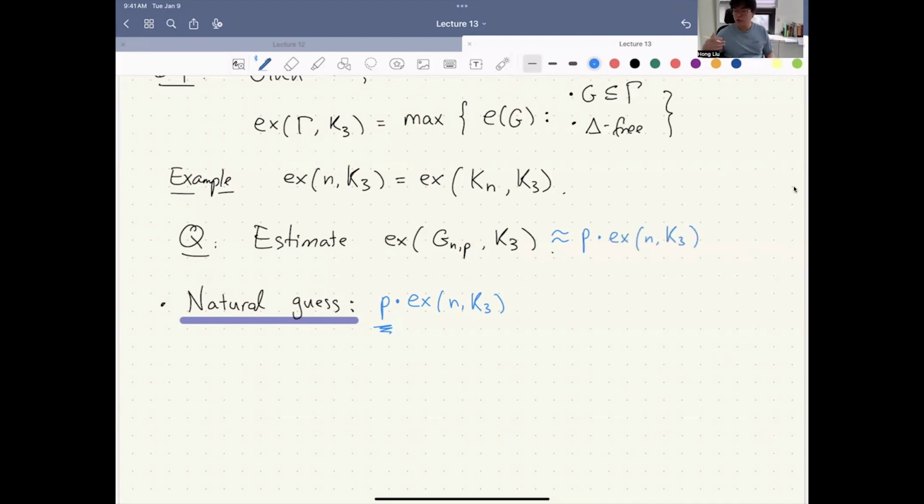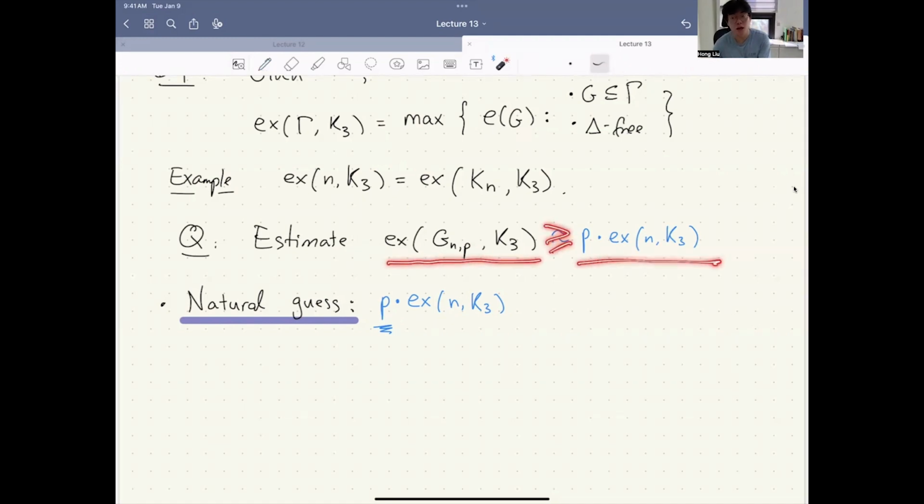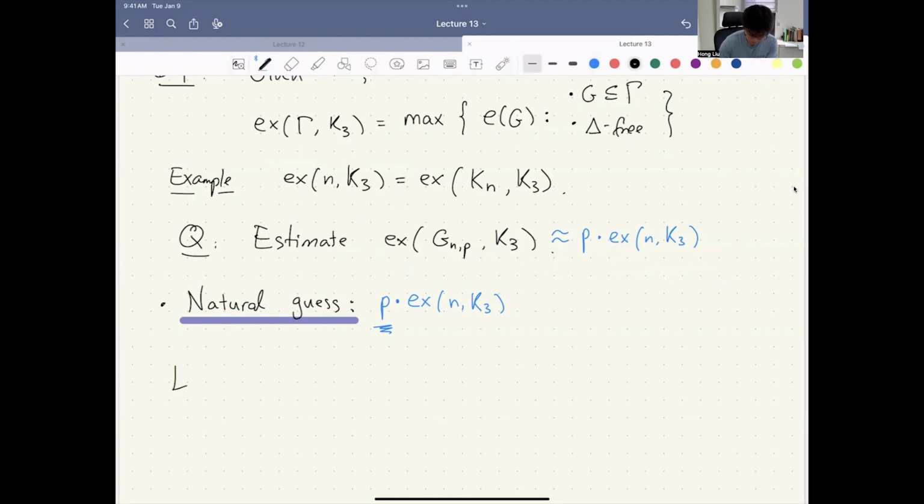To prove this, we need two directions, lower bound and upper bound. Lower bound means with high probability, this is at least roughly this. And the upper bound means with high probability, this is at most roughly this. So let's first see the lower bound. Turns out to be easy.